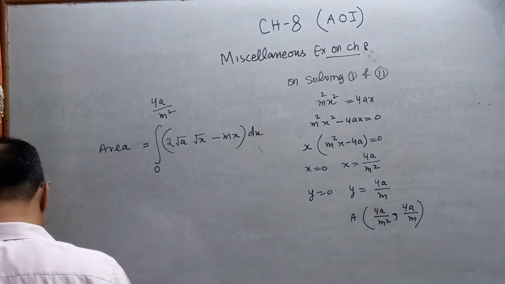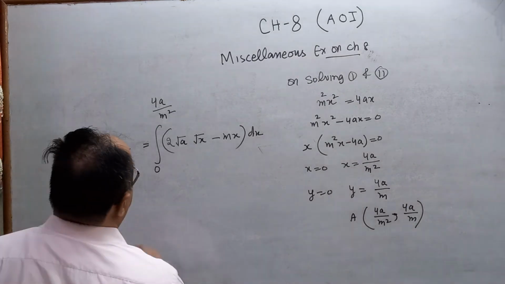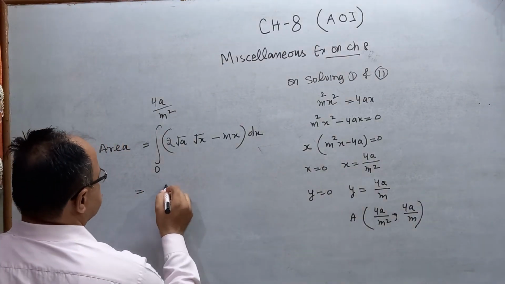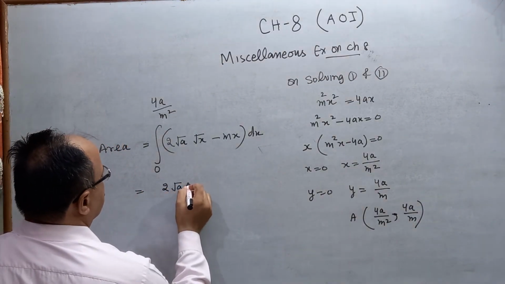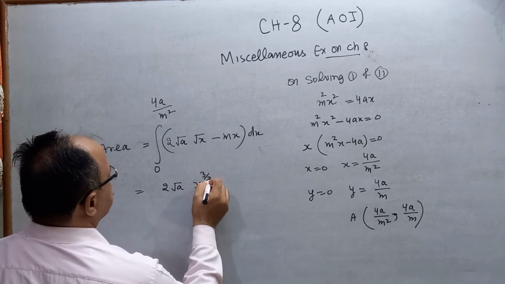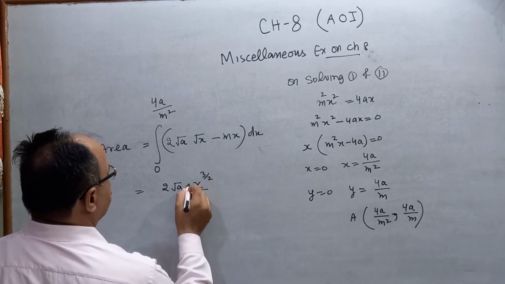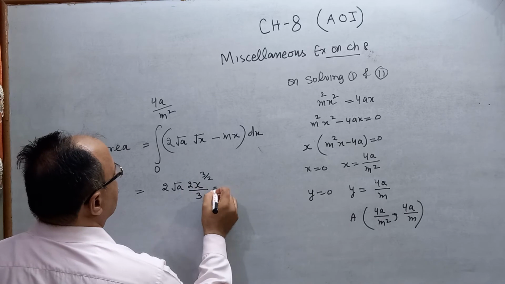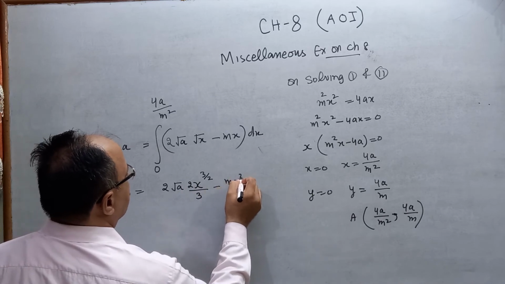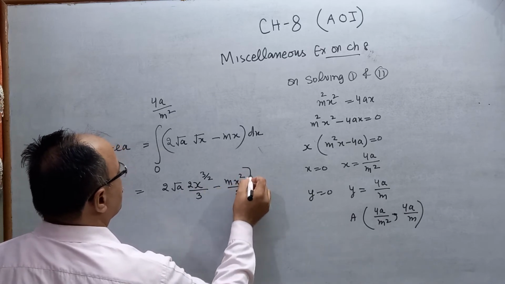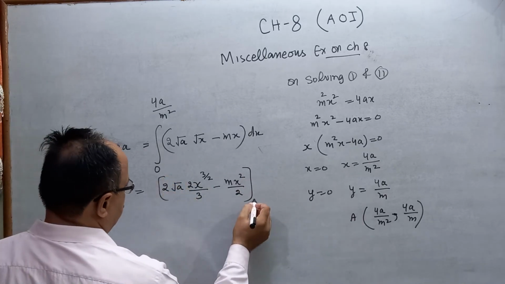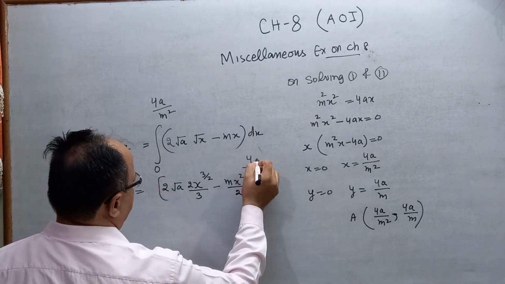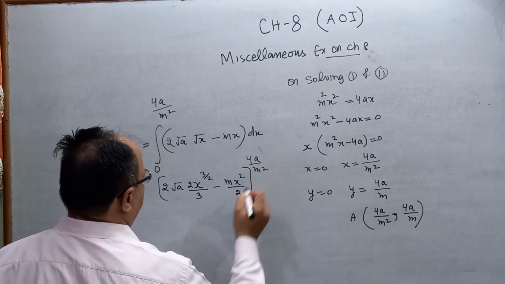Now can you tell me the integration of this? 2 root a times x to the power 3 by 2 upon 3 by 2, minus m x square by 2, with limit 0 to 4a by m square.